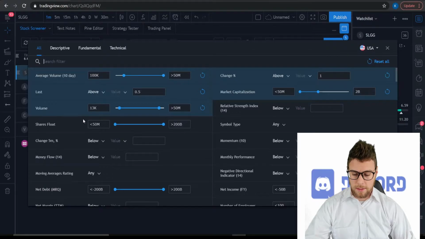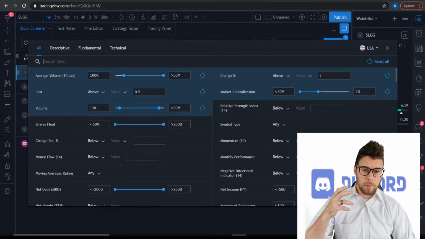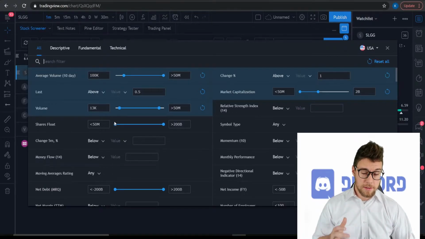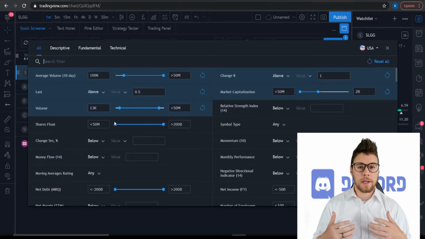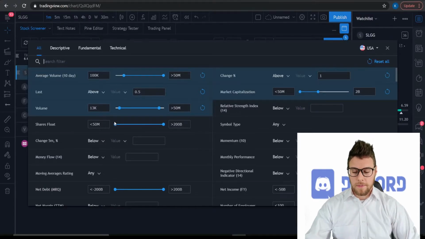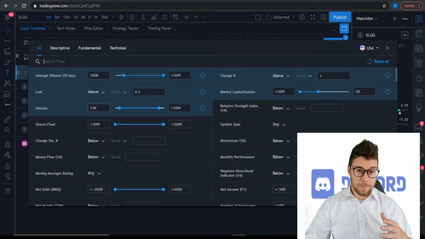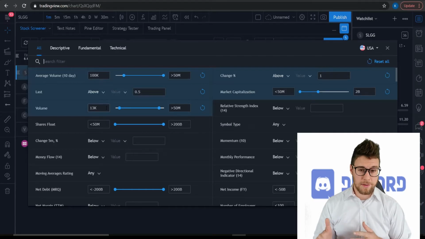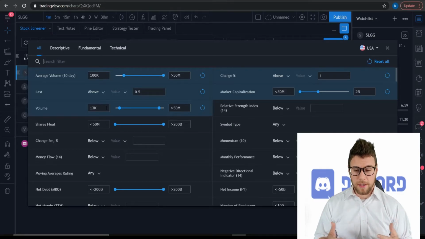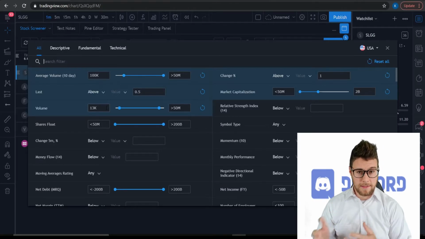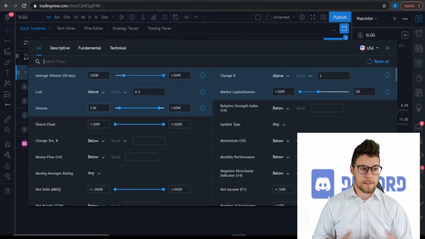Volume, I like to see 13,000. Now that we're on a 1 minute or 5 minute search, this is crucial. I'm looking for something that in the past 1 minute had at least 13,000 shares. That's not a lot, but it could be a lot compared to something that has 13,000 shares traded in the last minute and usually only has, say, 50,000 shares traded that day.